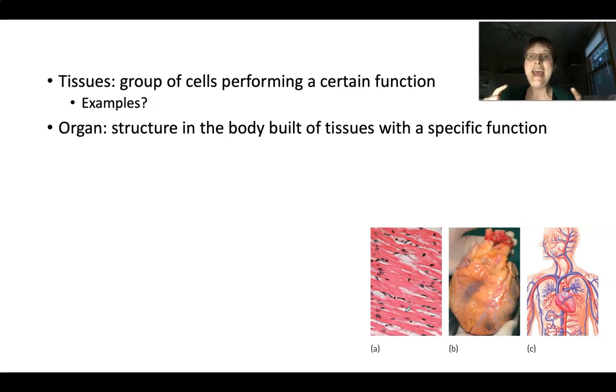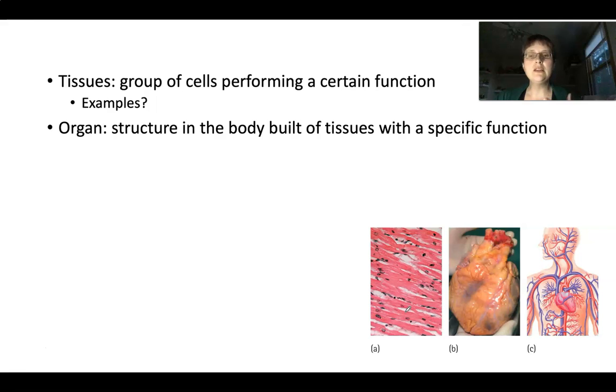If you then take those tissues, so for example, your skin is an organ. It's actually built out of multiple types of tissues. You've got, I think it's 3 layers of tissue. I always have to look it up. But those tissues together make up an organ.